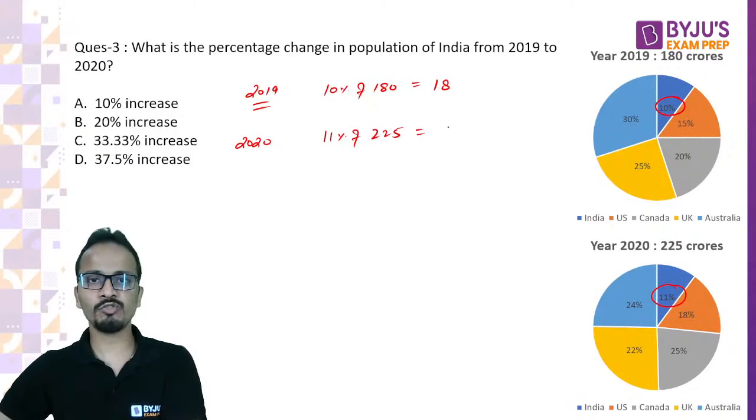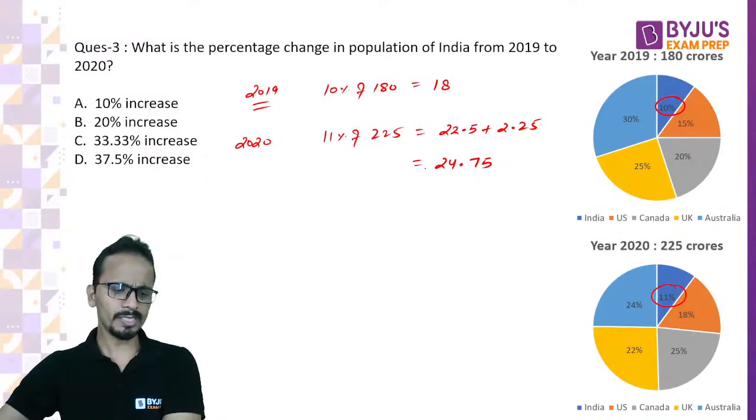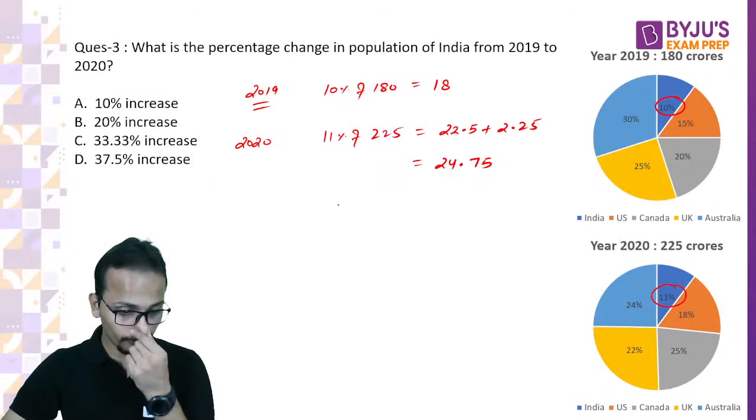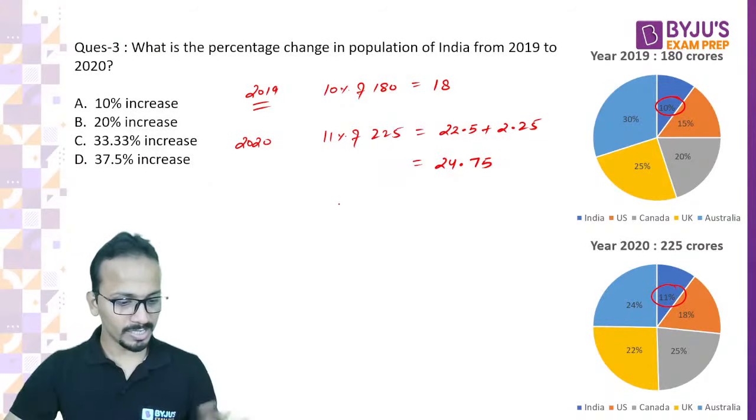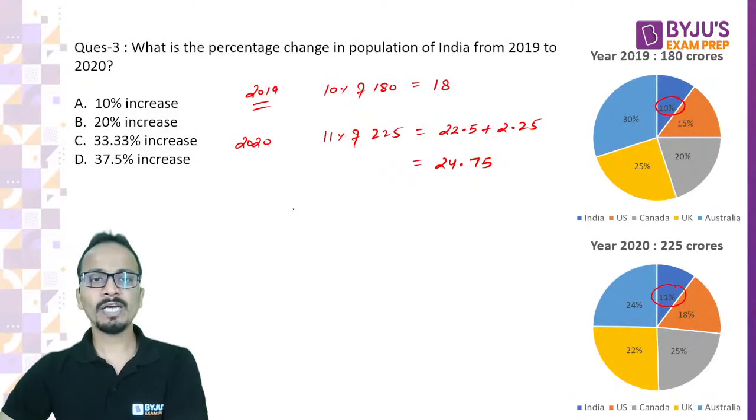Now 11% will be 10%, that is 22.5, plus 1%, which is 2.25. So it will be equal to 24.75. Now the initial value here is 18.